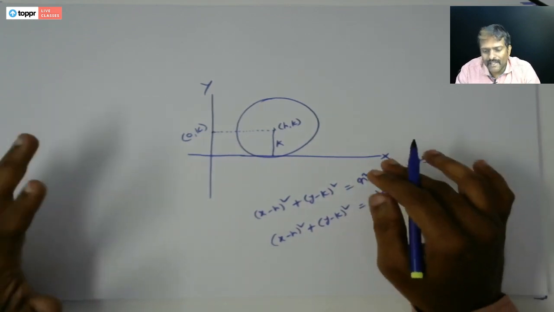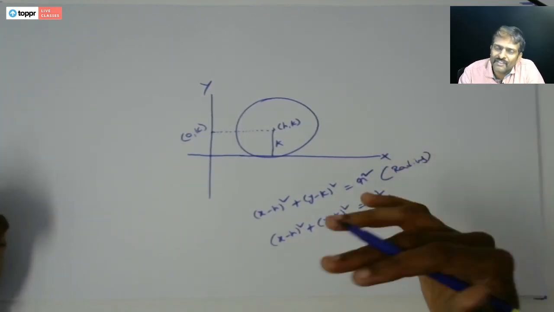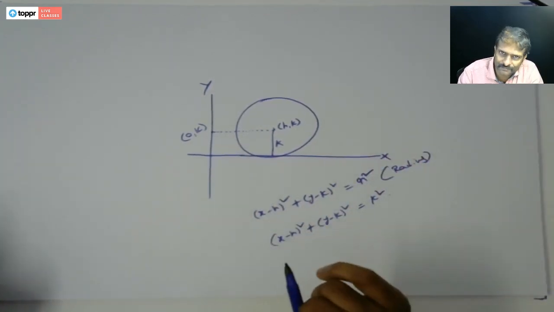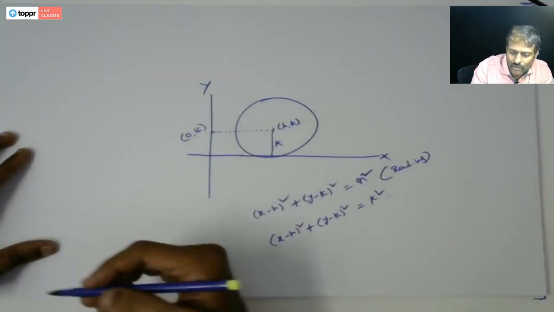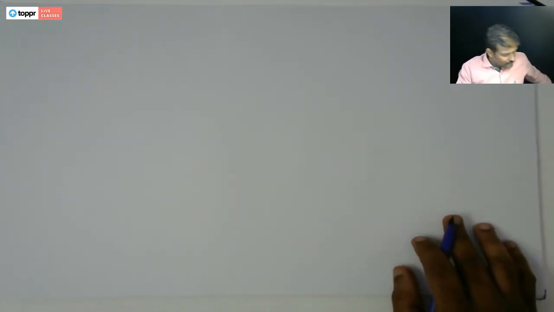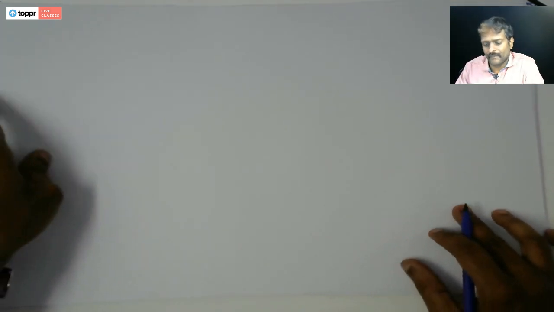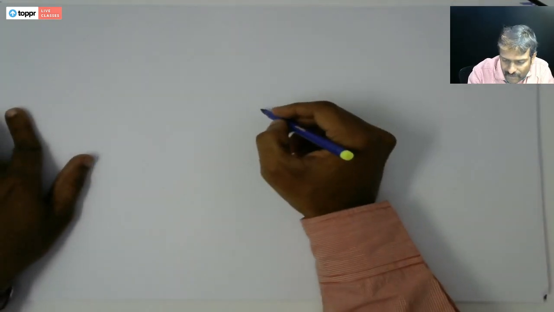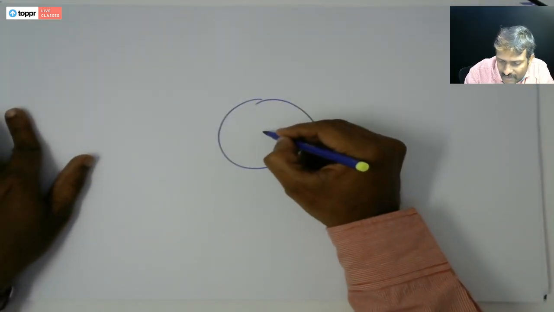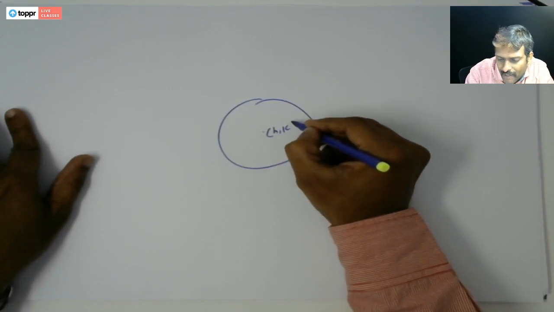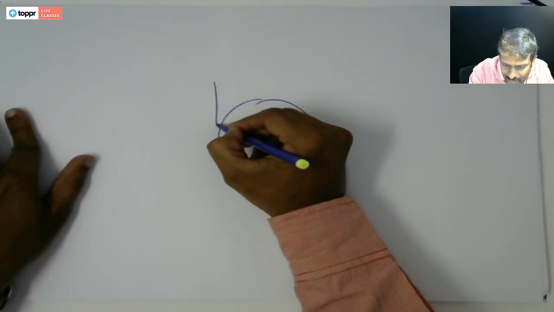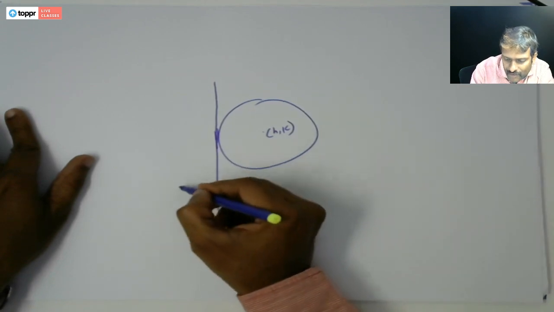So now can you guess what would be the equation if the circle touches the y-axis? So let us look into that as well. See, if I have a circle, say the center is again h comma k, which is touching the y-axis.